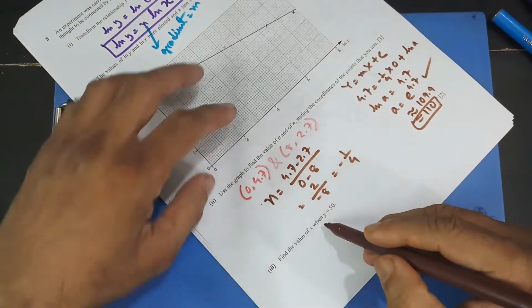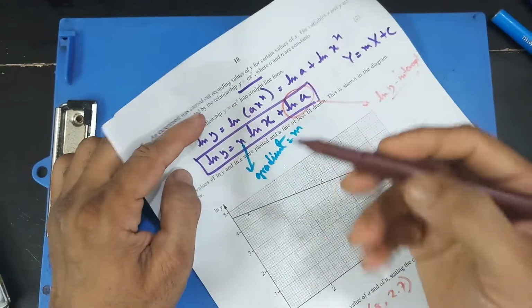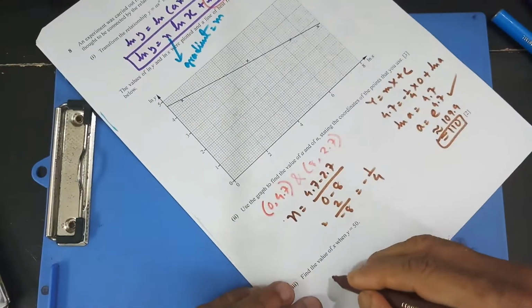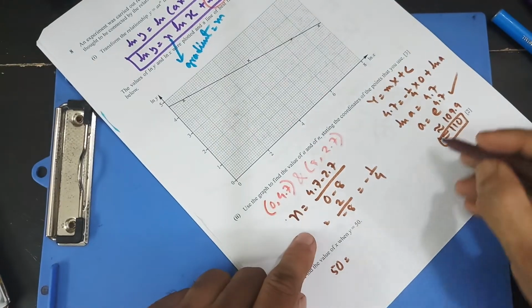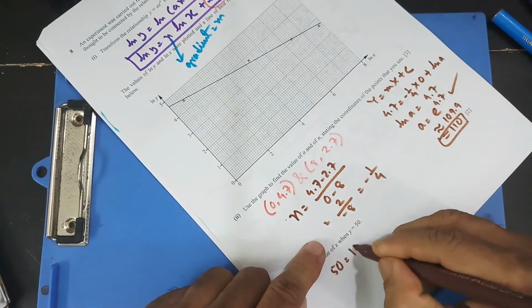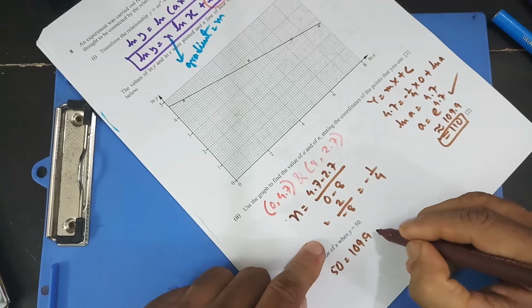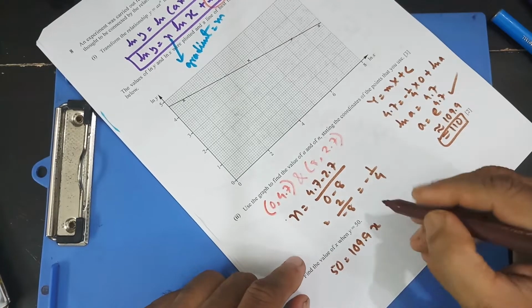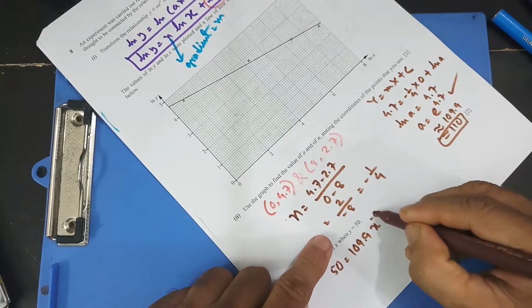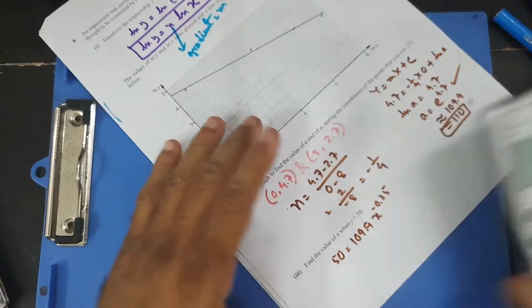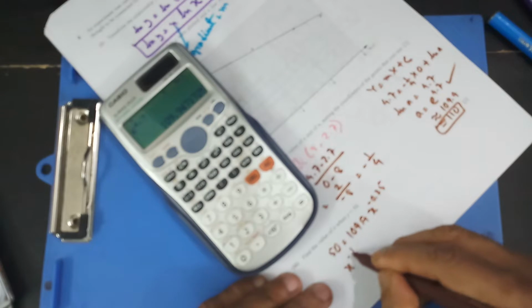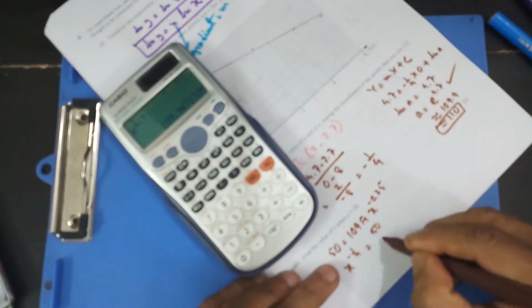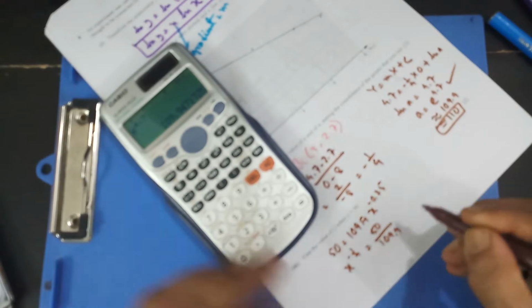Okay, now this one it didn't say from the graph, so I checked the equation. This one, y equal to 50, and then we have a, we got 109.9, then x to the power n is minus 0.25. So x to the power minus 1 by 4 equal to 50 divided by 109.9.